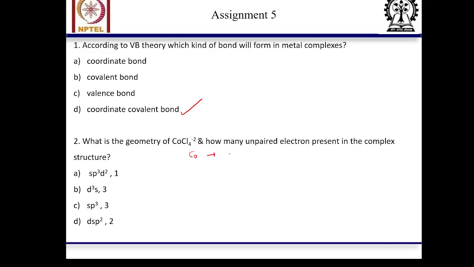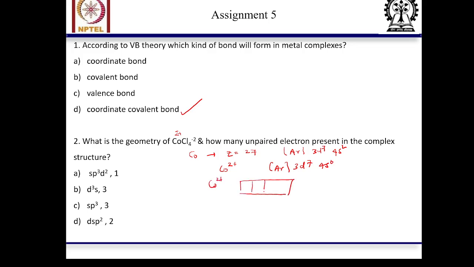Cobalt has atomic number Z equal to 27, so it is Ar 3d7 4s2. Now what is Co2+? The oxidation state of cobalt is 2, so Co2+ is argon 3d7 4s0.